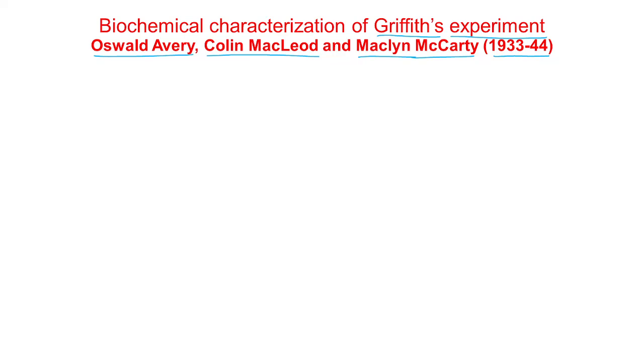First of all, I will explain what they have done here. They have taken heat killed S strain bacteria, and they isolated the major molecules which are present in it.